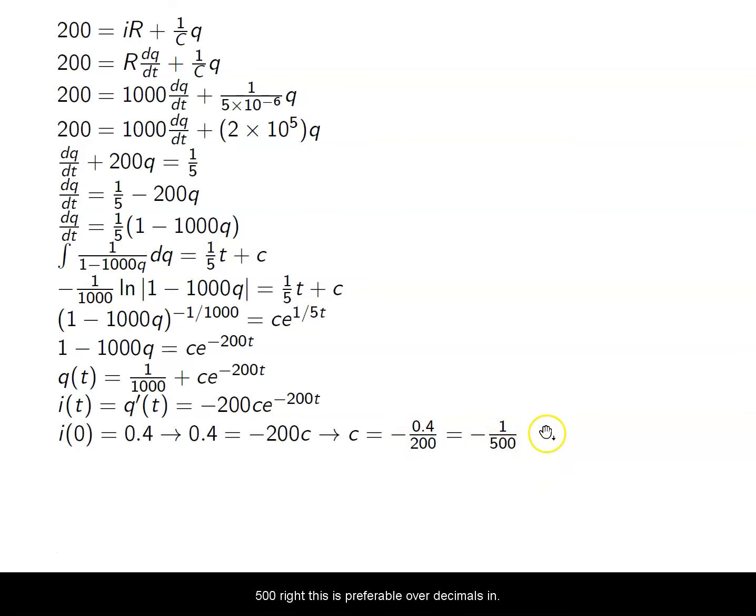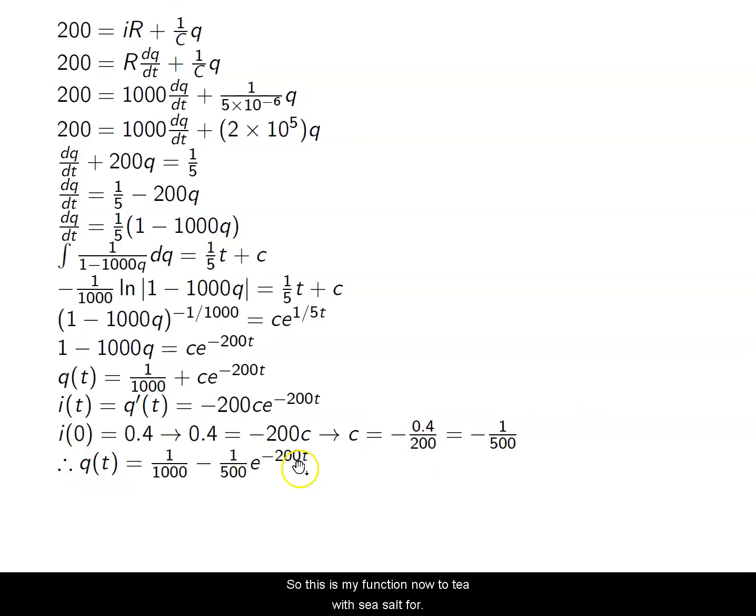This is preferable over decimals any day and any time. So this is my function now, q of t with c solved for. Then I can pull out a common term of 1 over 500 to make it a little simpler, so I don't have crazy fractions everywhere. It's really up to you.